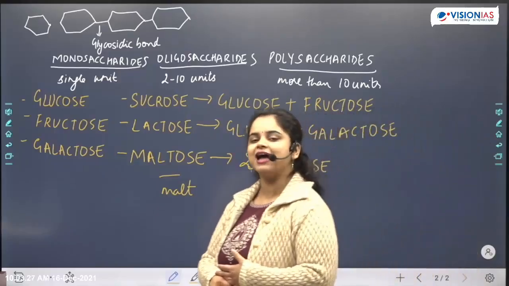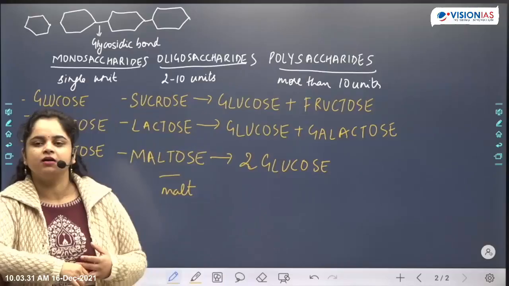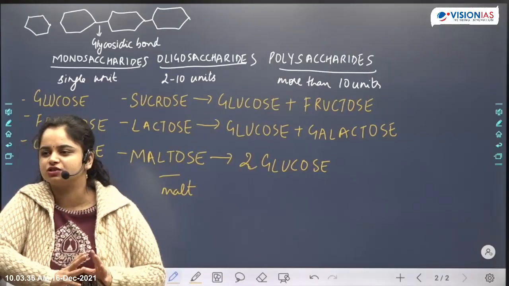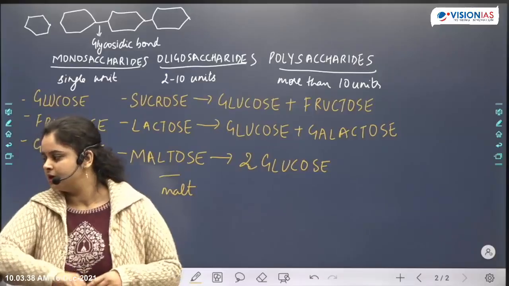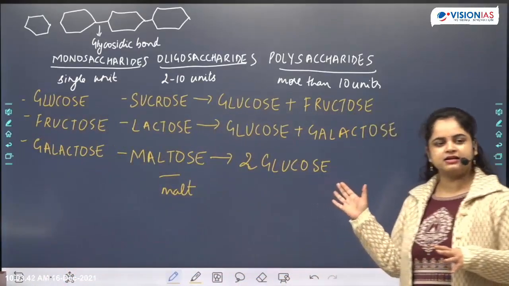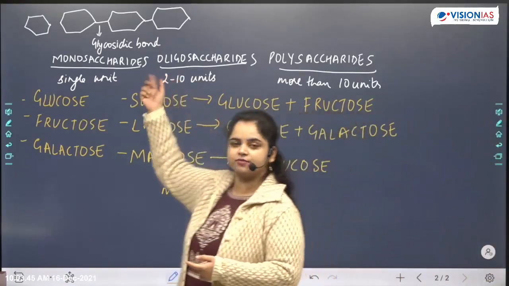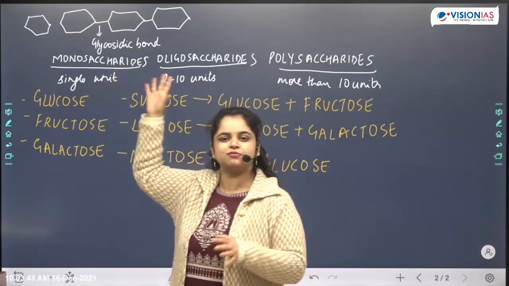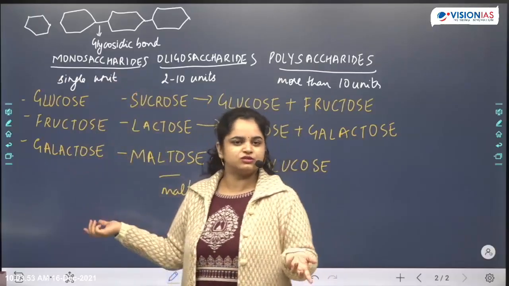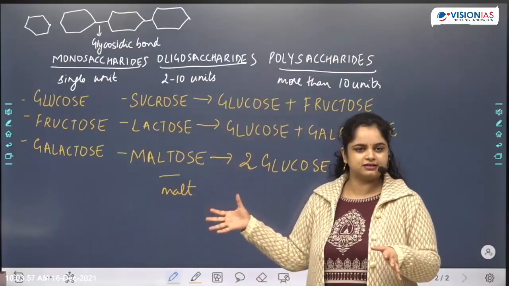We can have any number of units and they can be arranged in any kind of chains, there could be branches, any such complexity. So when the body has to process polysaccharides, it is a little difficult because we have glycosidic bonds. This is what the body is breaking to digest the food. If there are no bonds, it is easiest for the body. If there are a few bonds, it will still do it.